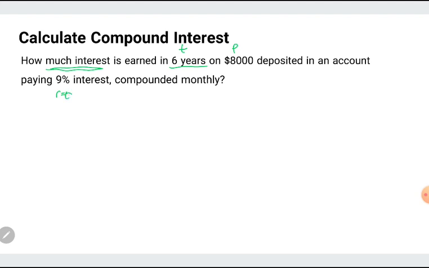This is my R, compounded monthly. So my N is 12, 12 compounding periods in a year since the compounding is monthly. So A equals P times 1 plus I raised to N. We compute for A, and then we later use that to compute for the interest.